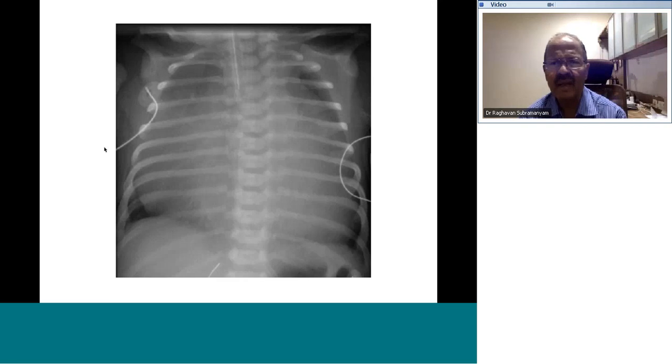No, hydrops is a fetal condition. We don't diagnose hydrops here. Somebody says obstructed TAPVC. No. Obstructed TAPVC doesn't cause cardiomegaly. In obstructed TAPVC, the shunt is smaller, therefore the cardiac size is often small and the lungs are edematous. That is obstructed TAPVC.